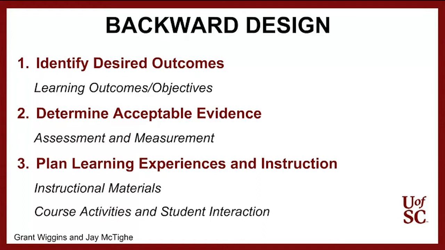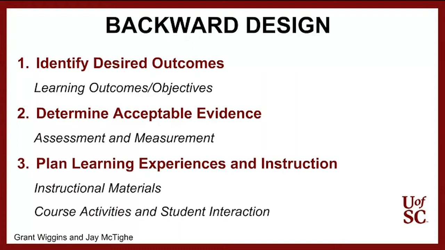Backward design can be summarized into three steps. First, identify desired outcomes. Articulate what learners should be able to understand and do after your provided instruction. Then determine your acceptable evidence. This is your assessments.